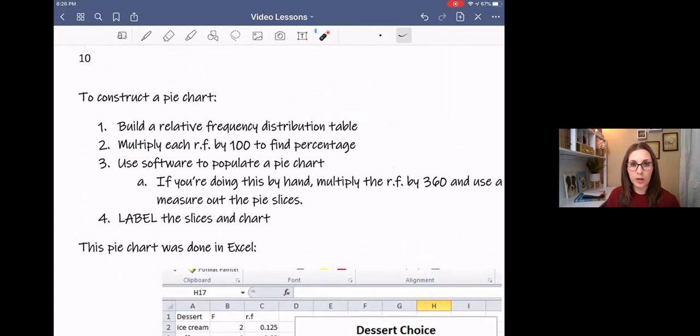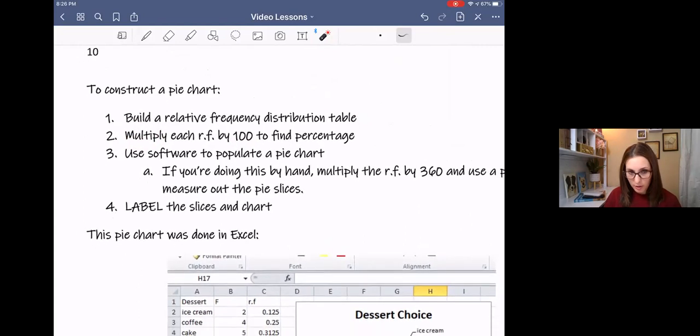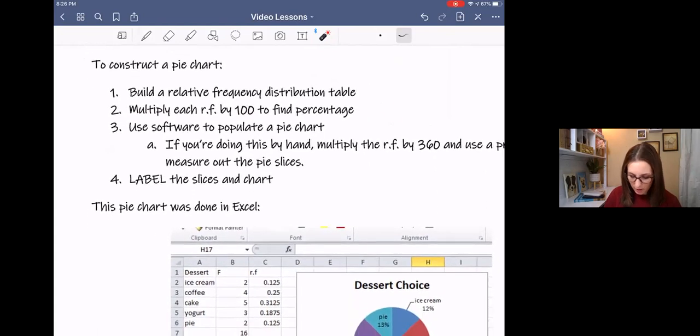Then you can pull down a pie chart and use your data in your pie chart. Oh, this was to do by hand: multiply by 360. I would not recommend doing it by hand. You could probably get a rough sketch of it by hand, but it's pretty bad usually if you don't have the right tools. So this is by hand.